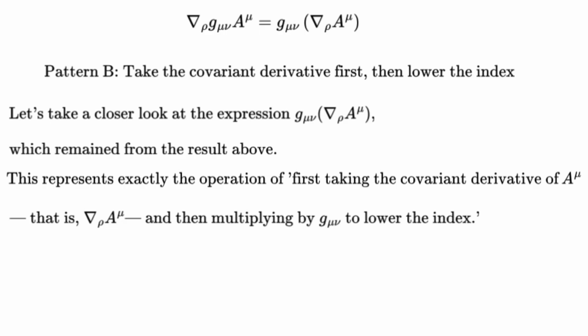Let's take a closer look at the expression g mu nu nabla rho A mu, which remained from the result above. This represents exactly the operation of first taking the covariant derivative of A mu, that is, nabla rho A mu, and then multiplying by g mu nu to lower the index.